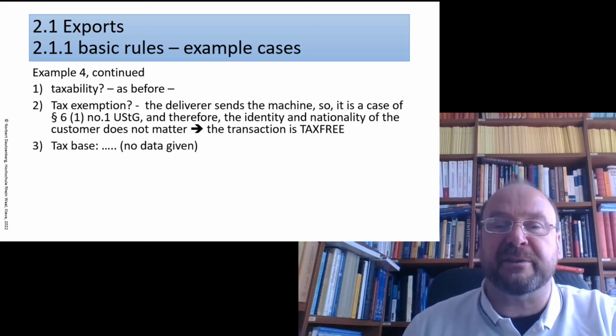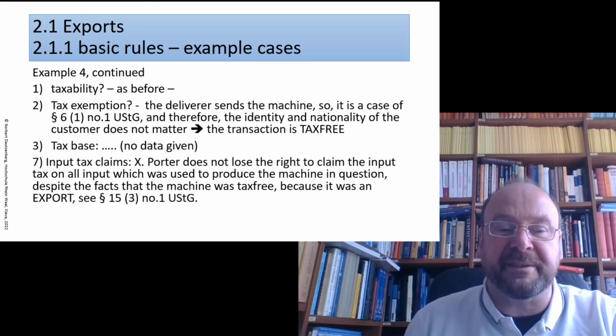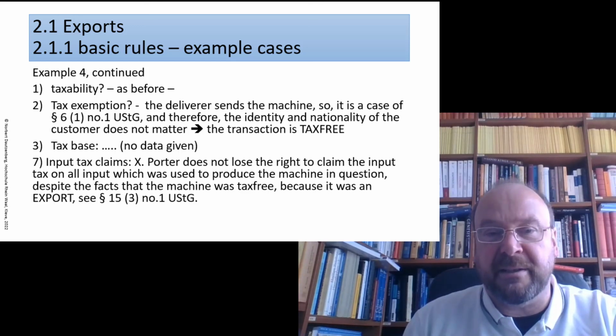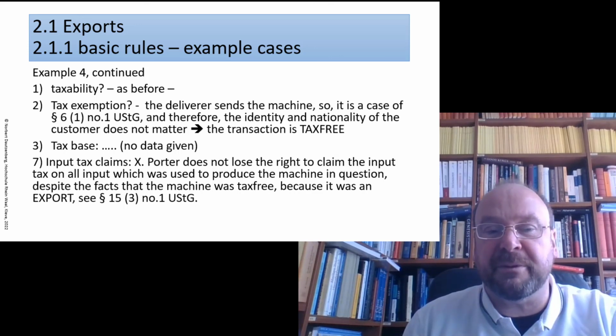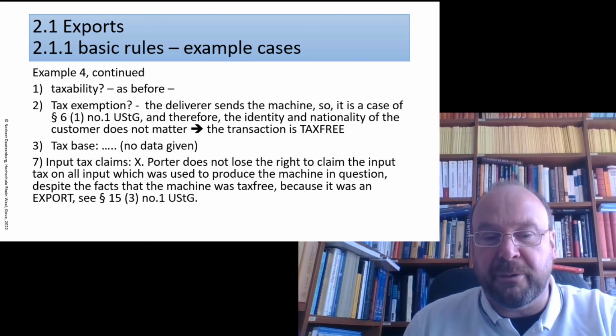Here, no data were given with regard to the tax base. It's again recommendable to say that the input tax of exporter is upheld, although the own output is tax-free, and that's it.